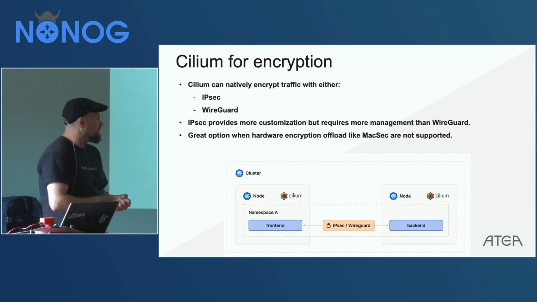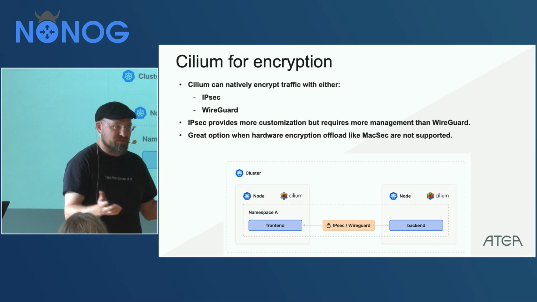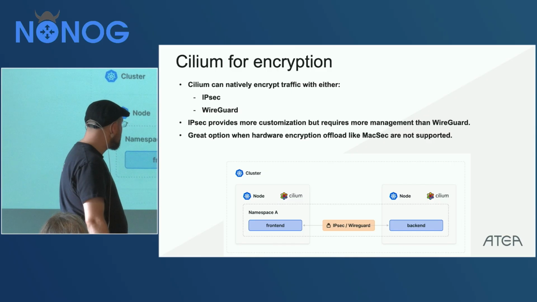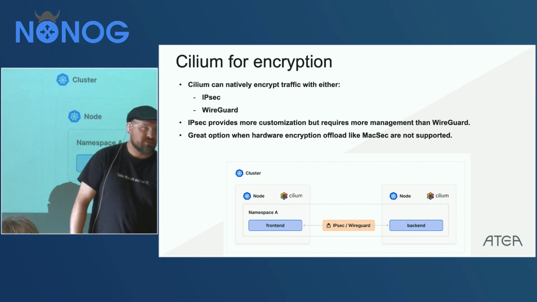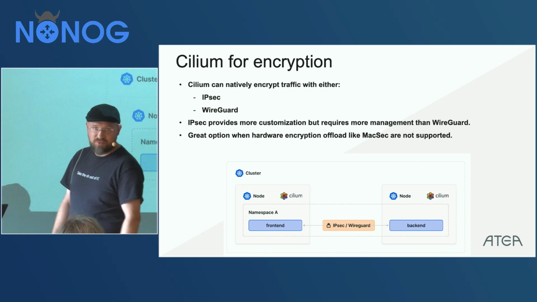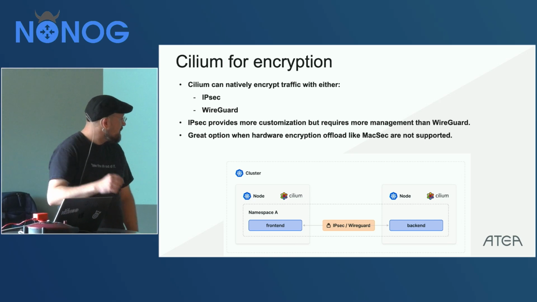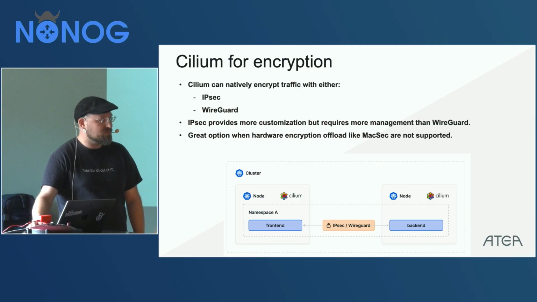And not only that, you have encryption, security between nodes if you want, and you can run that as IPsec or as WireGuard. I believe the WireGuard option is probably easier and default, but if you choose to do IPsec, it's also possible.